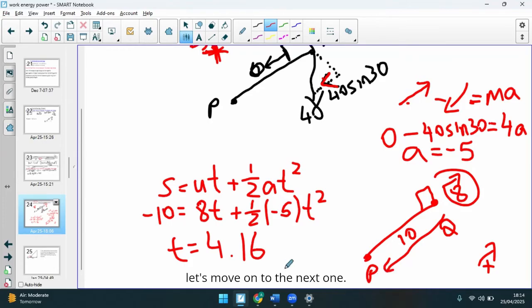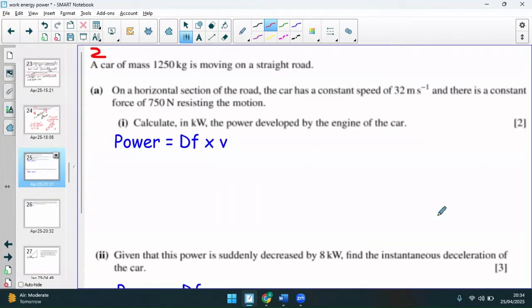Right, so let's move on to the next one. This is question 2 on the rocket revised topical.